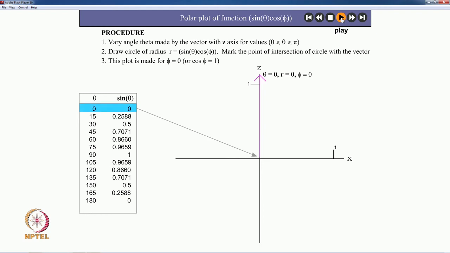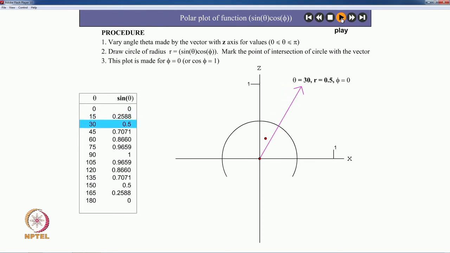Therefore, it will go to 0, it will go to negative, it will become 0, it will come to positive, and so on. So, you can see first of all the sin theta on the polar graph here, which does not have any negative values because sin theta is positive in the range 0 to 180. It starts from 0.